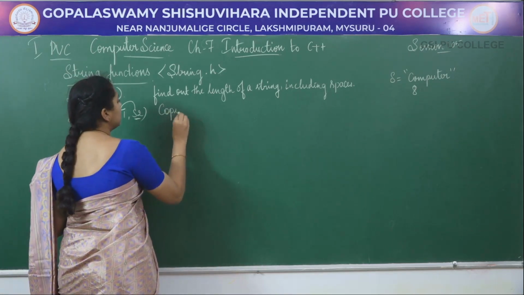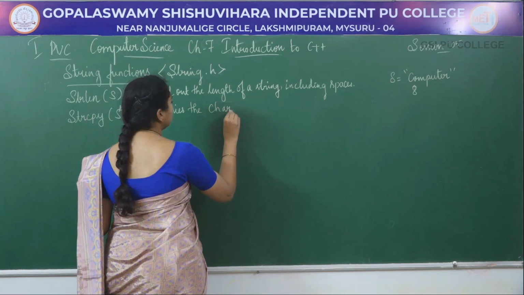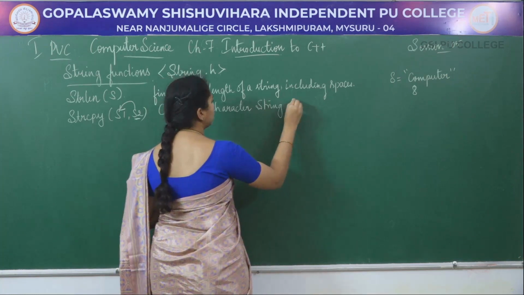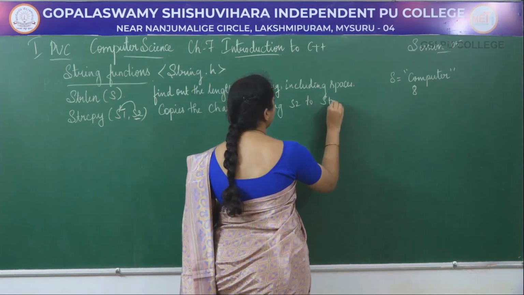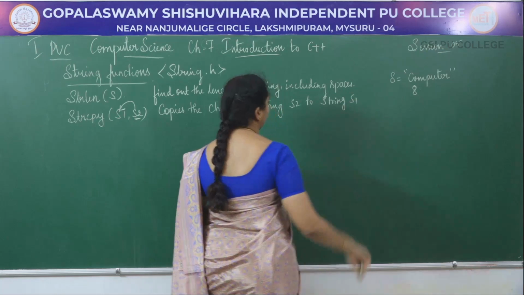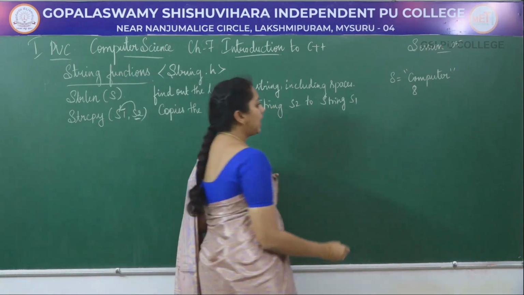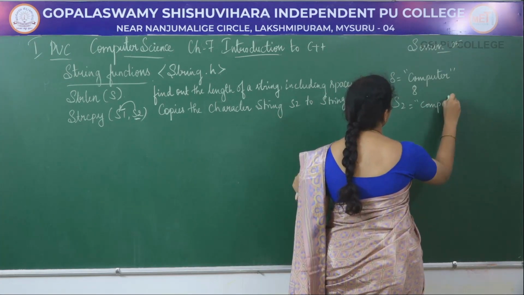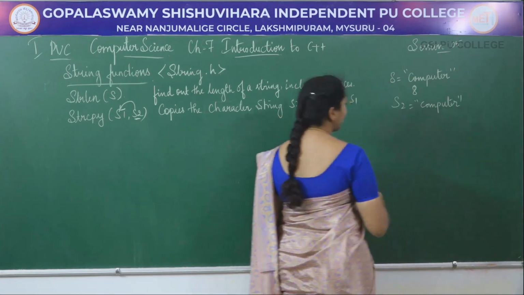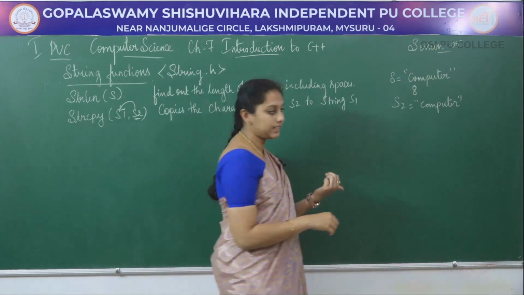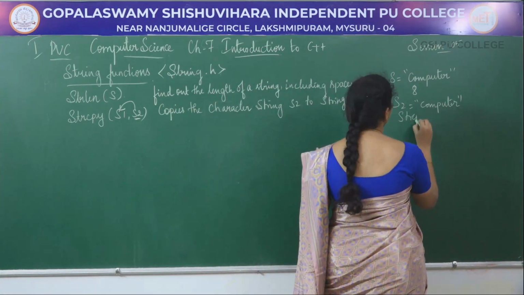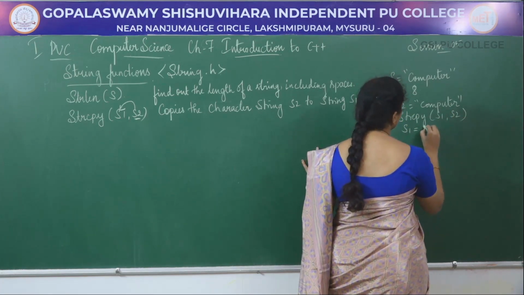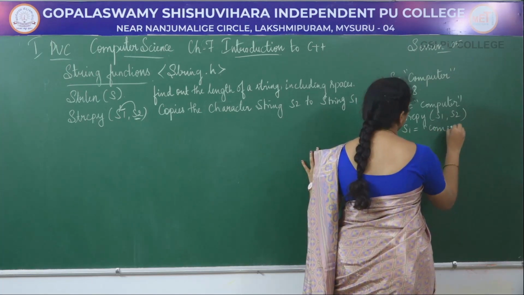It copies the characters of string S2 to string S1. For example, S2 contains computer. So if I want to copy the contents, then strcpy S1 comma S2. Now the string S1 contains computer.